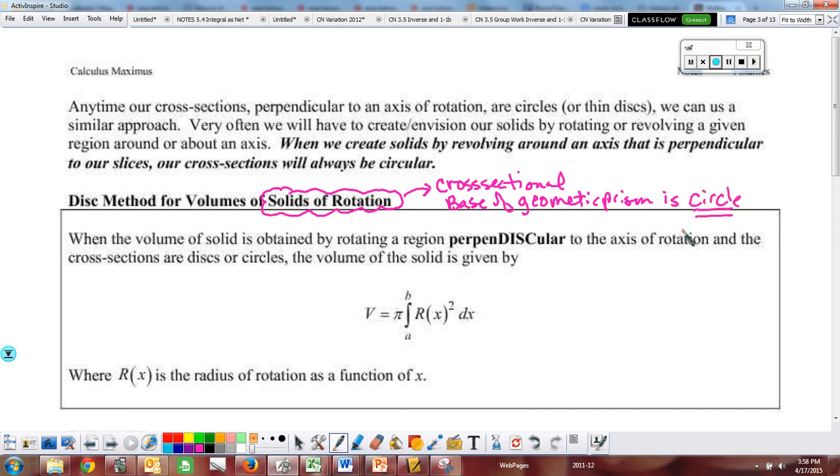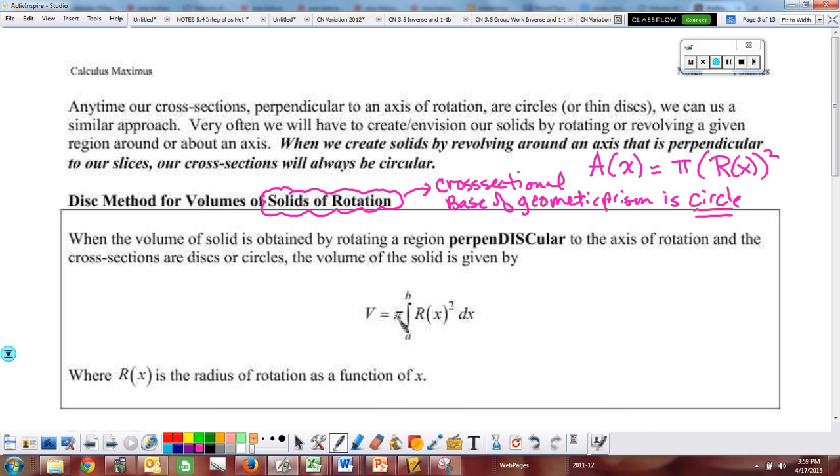So we know that when we find the area as a function of x, the area of that prism is always going to be pi times whatever the radius of that circle is as a function of x, squared. And then to calculate our volume, remember that we do the sum of the area times dx.